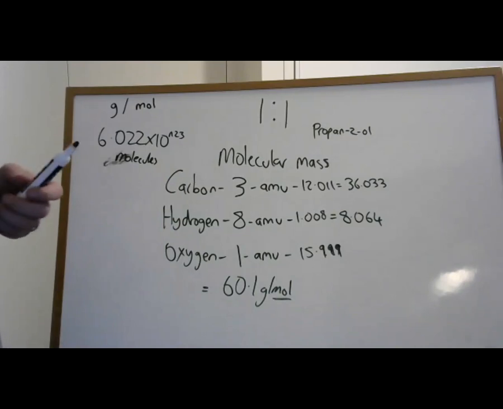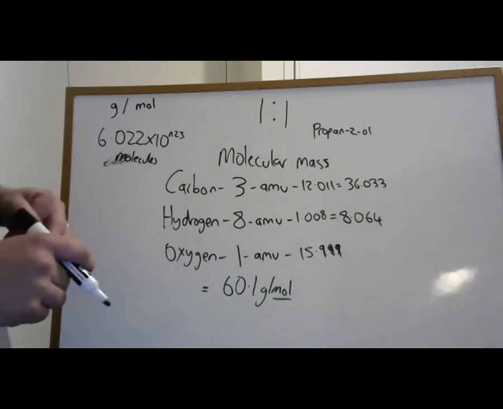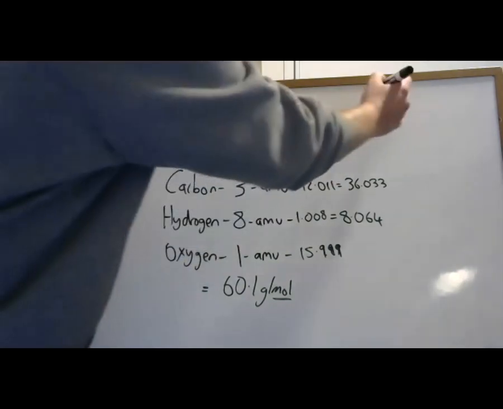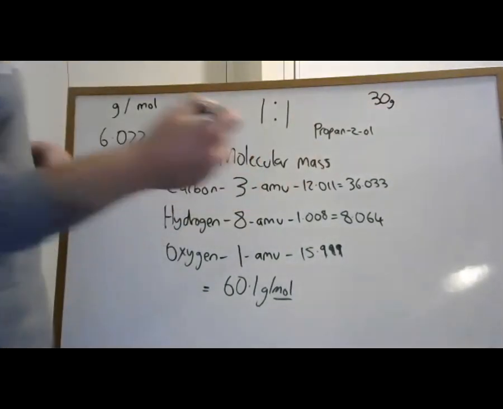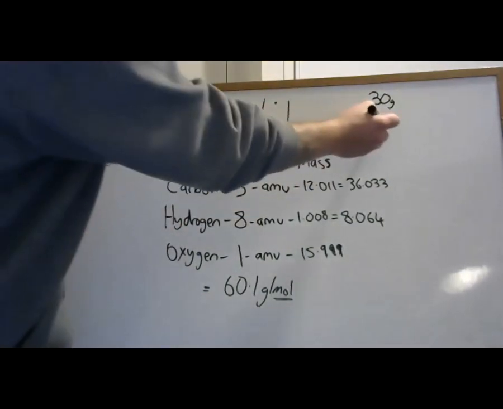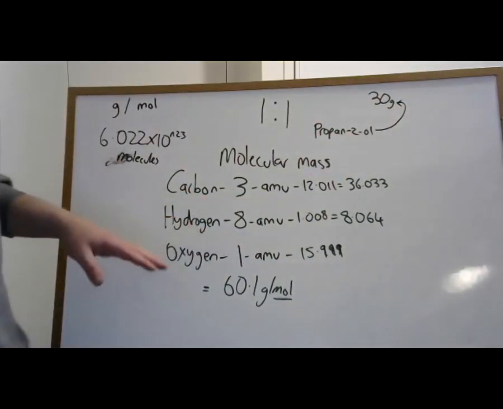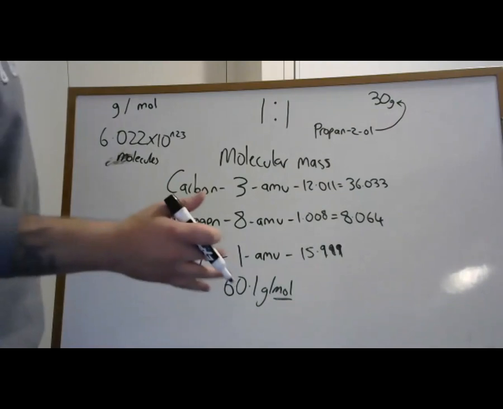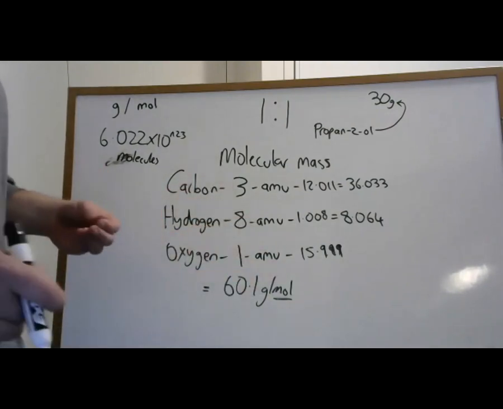So we know that originally we started with 30 grams of this propan-2-ol. So we need to convert that into moles.